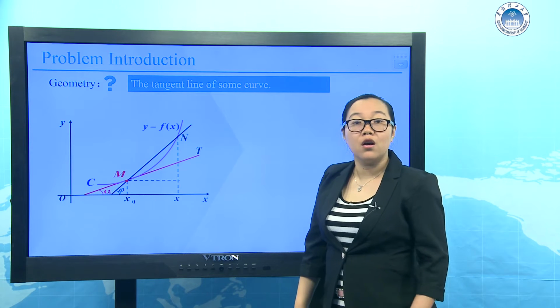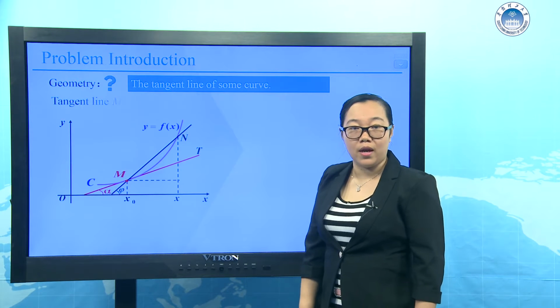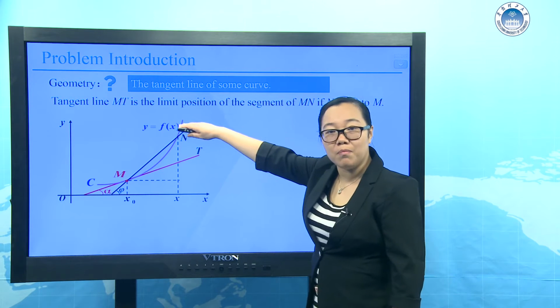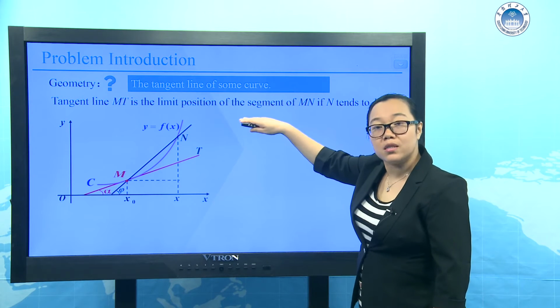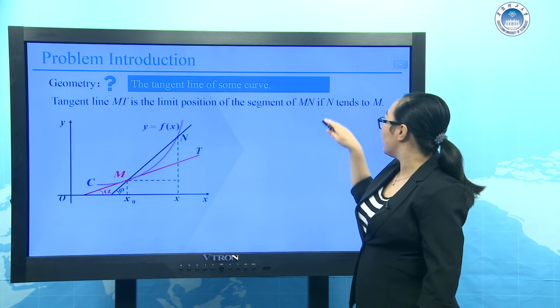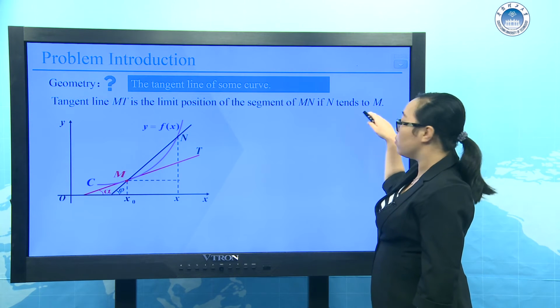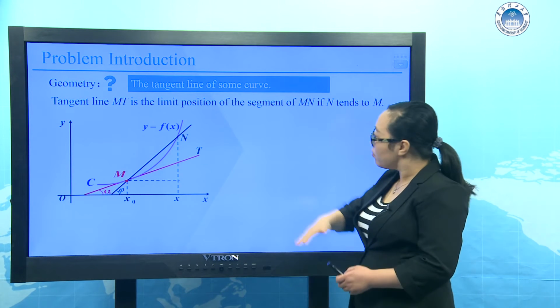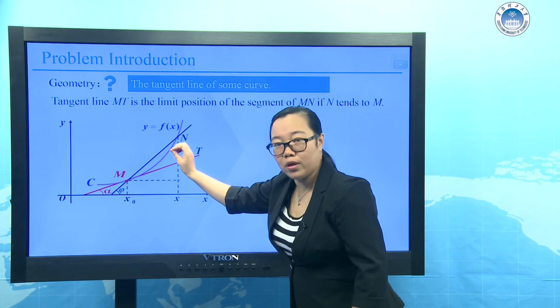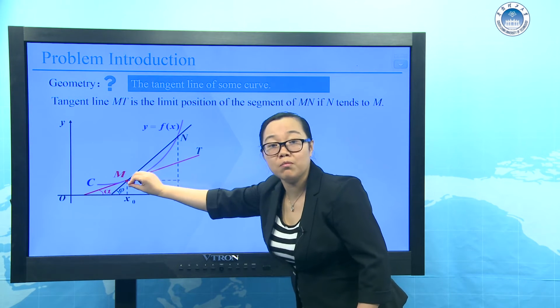How to get the slope of the tangent line? Look, the tangent line MT is the limit position of the secant line MN, and the condition means capital N tends to capital M. If N tends to M, the two points may be on the same point.